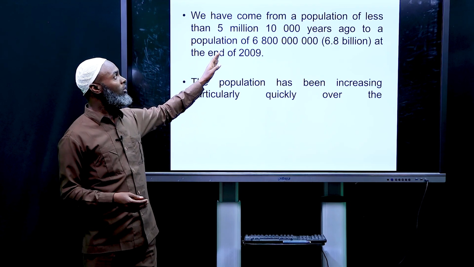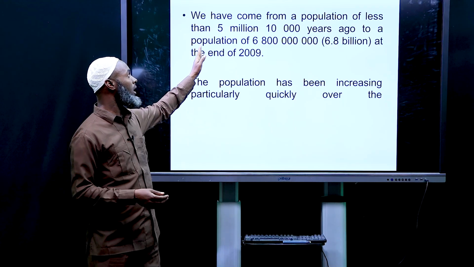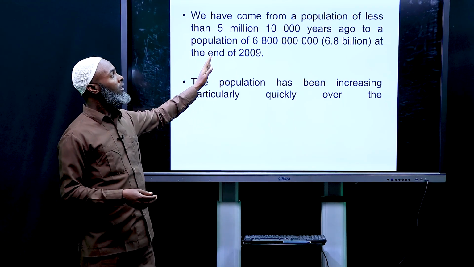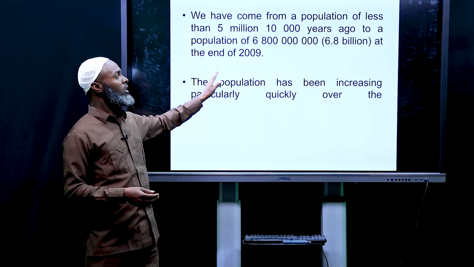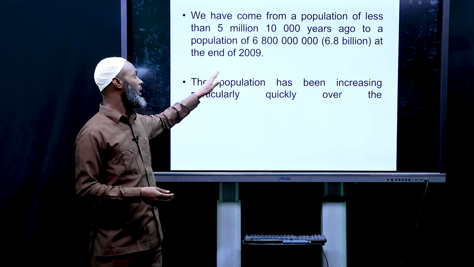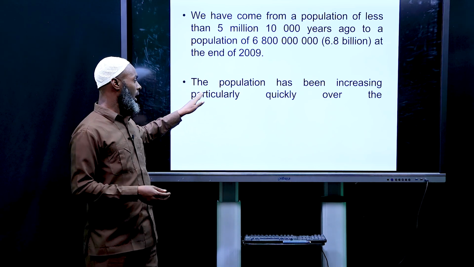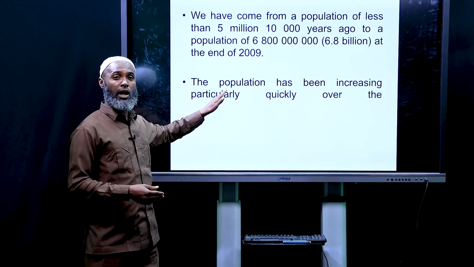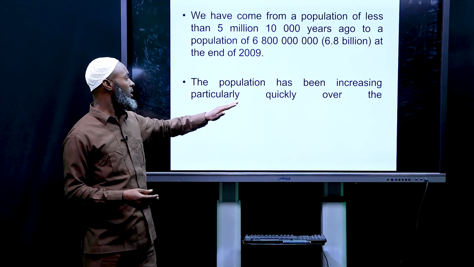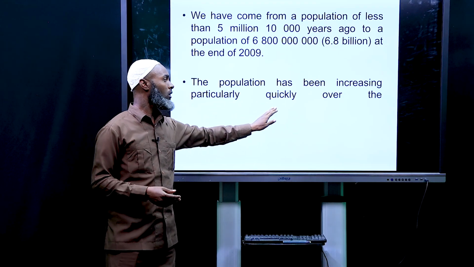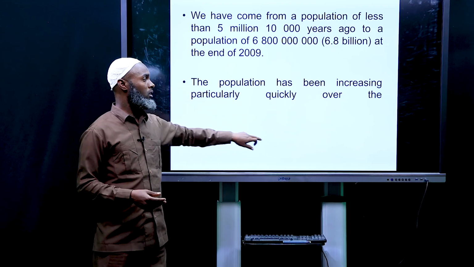We have come from a population of less than 5 million thousands of years ago to a population of 6.8 billion at the end of 2009, and now we have around 8 billion. The population has been increasing particularly quickly over the years.